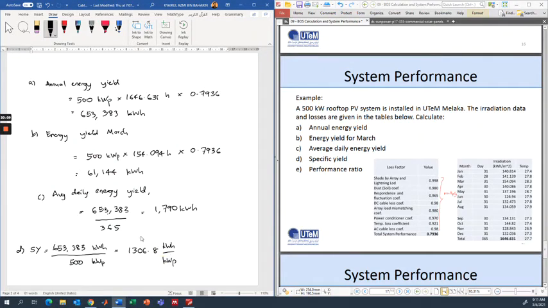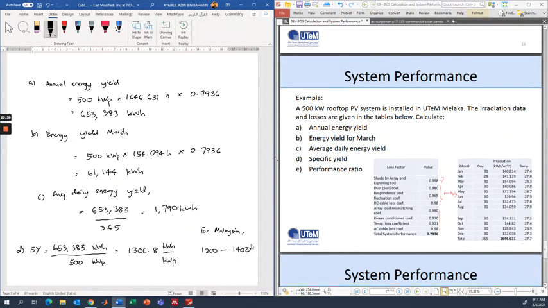So is this value good? As a benchmark or guideline for Malaysia, the range of the specific yield should be between 1,200 and 1,400. If your calculation is within this range, then it's normal.